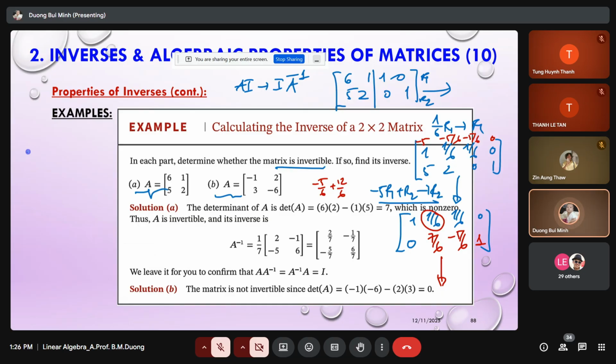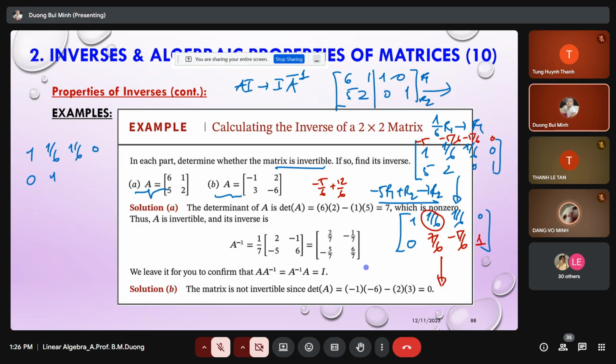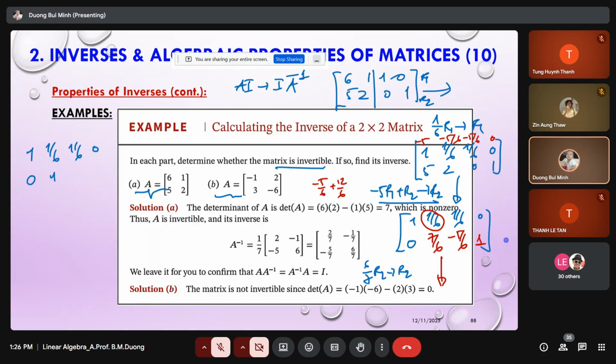So you get 1, 1 over 6, 1 over 6, 0, and then 0, 7 over 6, minus 5 over 6, 1. That means we need to multiply 6 over 7 times R2 replacing R2. So you get 1 here, and 6 over 7, and minus 5 over 6 becomes minus 5 over 7.